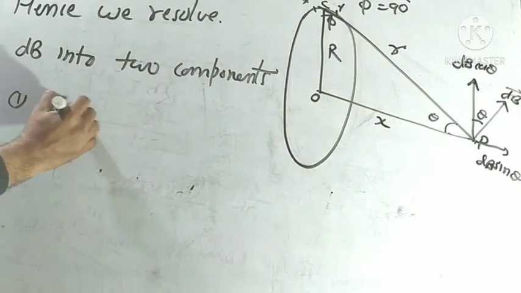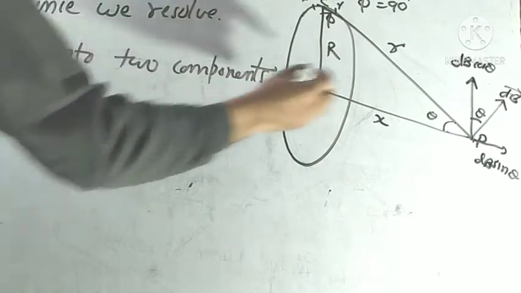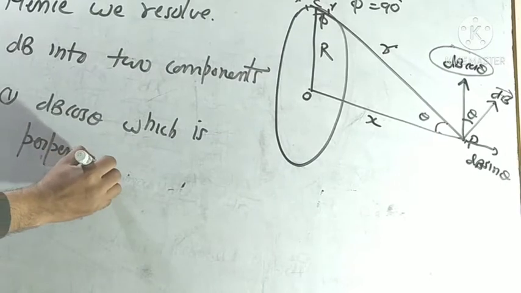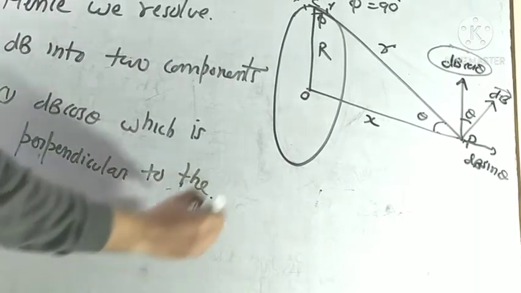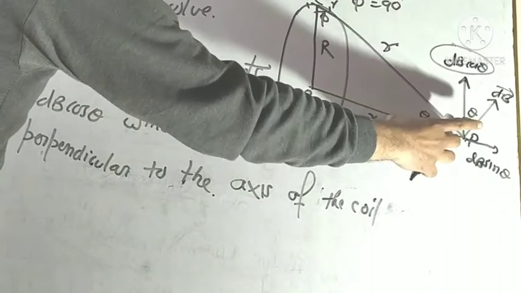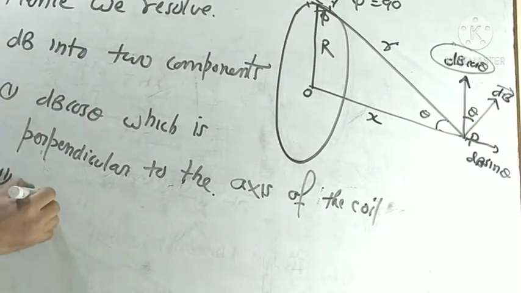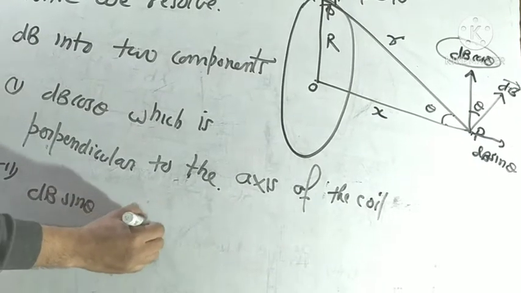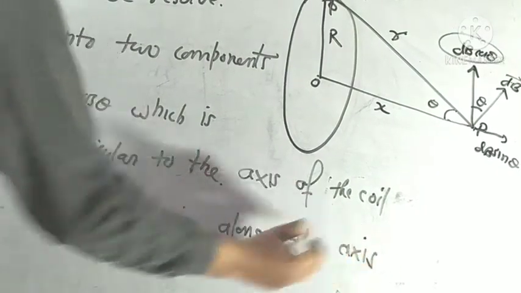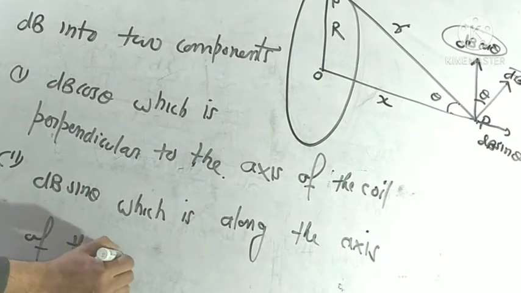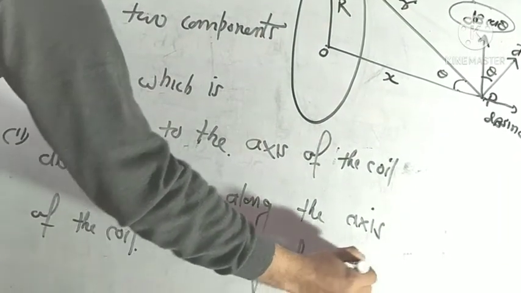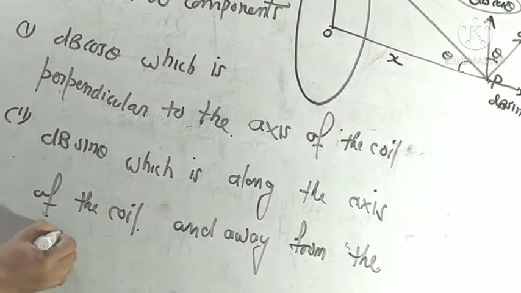First, dB cos theta, which is perpendicular to the axis of the coil, and the second, dB sin theta, which is along the axis of the coil and away from the center of the coil.